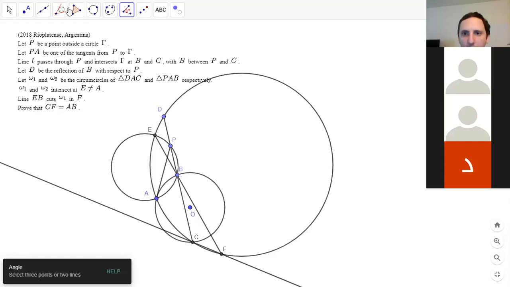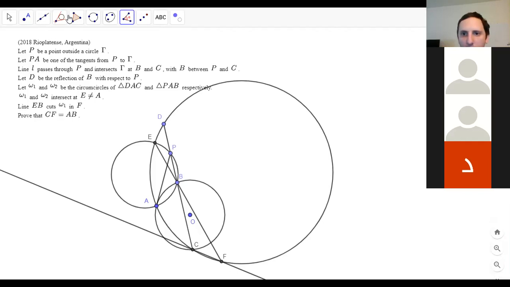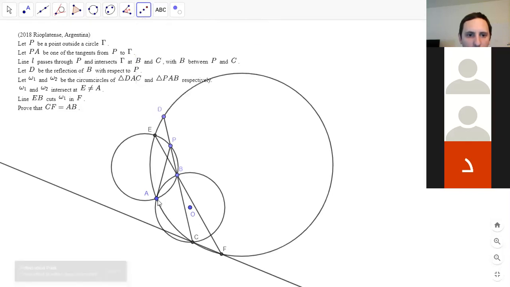Does the reflection of A across P lie on the circle? Let's try it out. Yes. Let's see, is that obvious? Is that just an angle chase? I think it is, because then this would be a parallelogram.